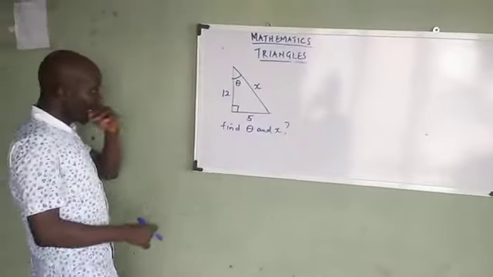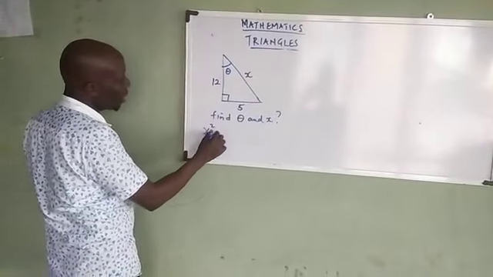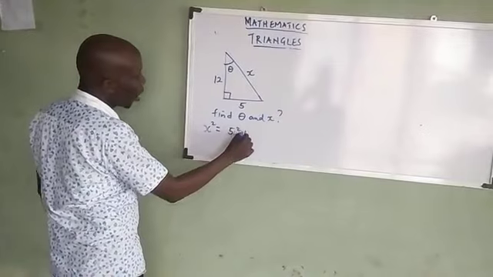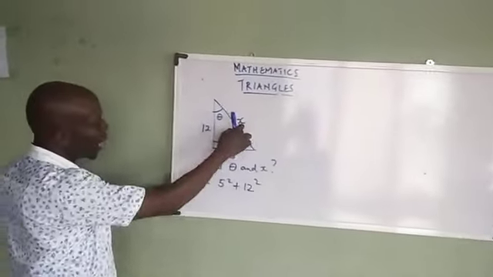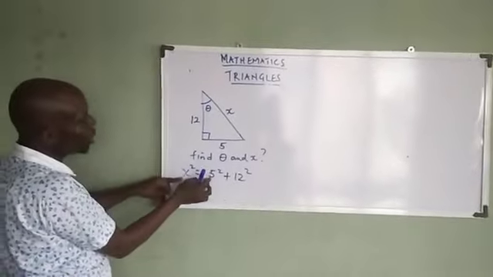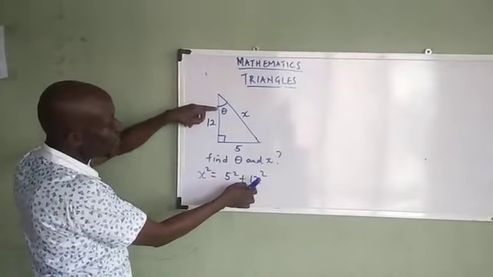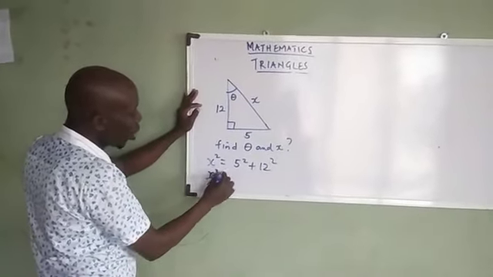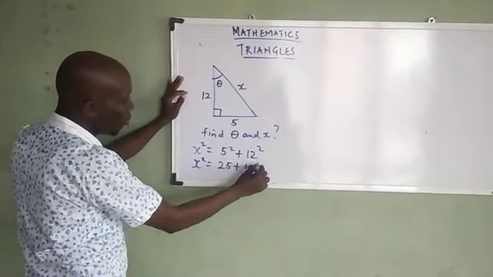So in that regard, we say x squared equals 5 squared plus 12 squared. x is our hypotenuse. 5 is the opposite. Why? It is the side facing angle theta. Then 12 is the adjacent. So our x squared becomes 25 plus 144.